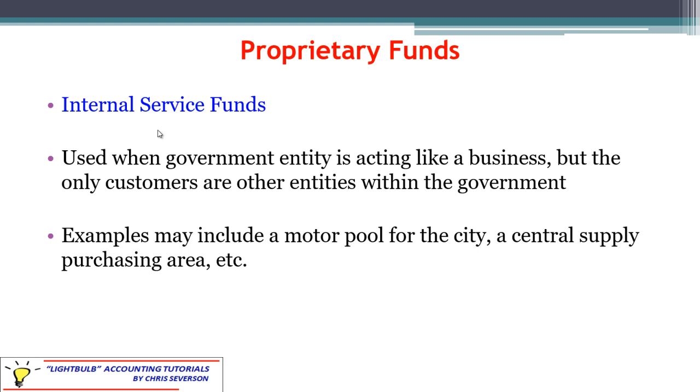The only people that can use this motor pool are city employees, obviously for business purposes. You might have a central supply purchasing area. Just things like that where, yes, it's a business service, but the only customers can be employees of the government that are buying on behalf of the government. They're using the services for another department.